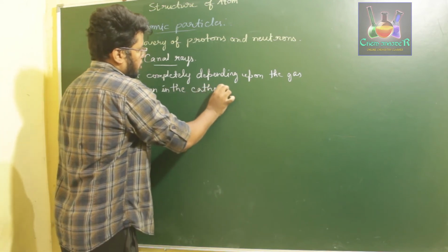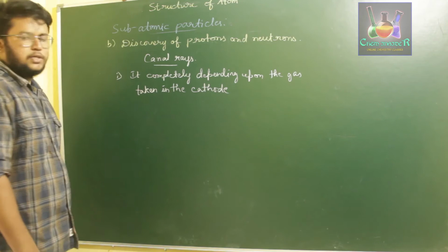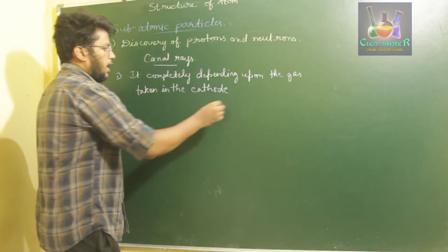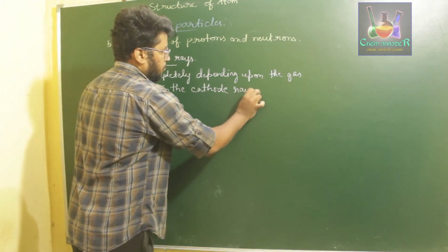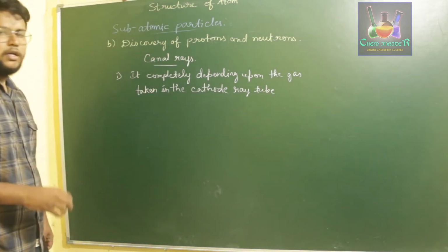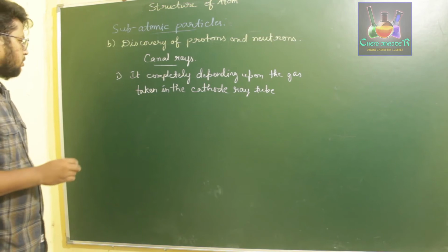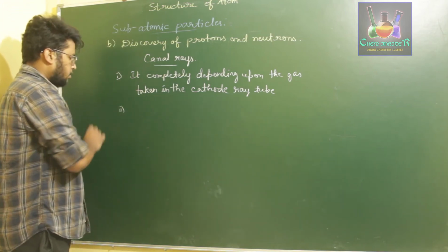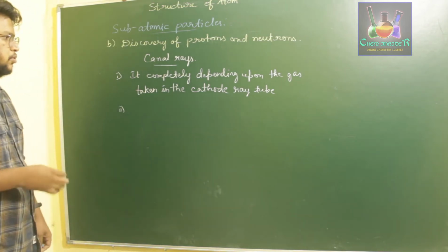The positive canal rays which were observed were completely due to the gas taken in the cathode ray tube. So depending upon the gas we are taking, we discovered that there are certain positive charges present.